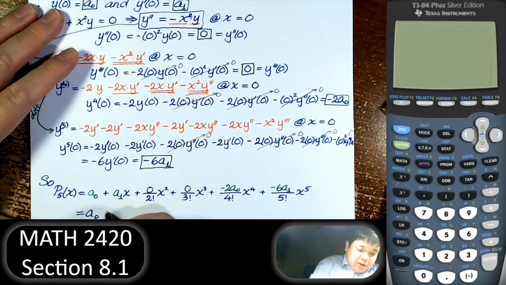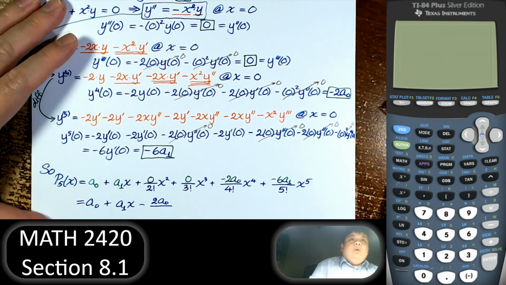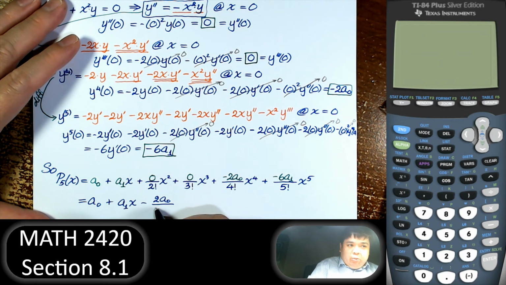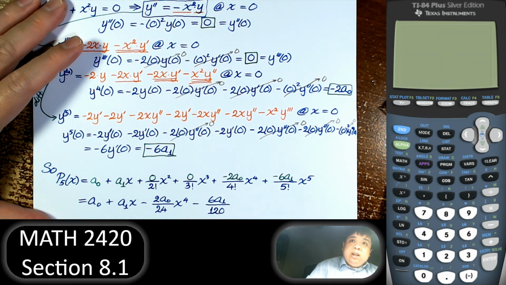A naught plus a1 x, that's 0, that's 0, minus 2 over 4 factorial minus 2 over 2 a naught. 4 factorial is 4 times 3 times 2, 24, x to the 4th, minus 6 a1, 5 factorial will be 5 times 4 times 3 times 2 times 1, which will be 1 over 120 x to the 5th.